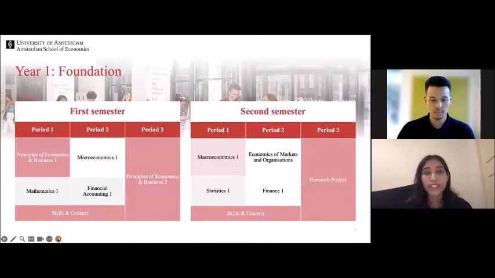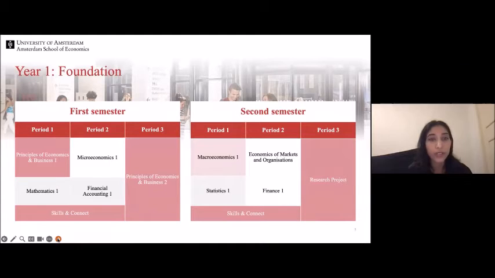So the foundational part, which is year 1, so both semesters. You have 6 blocks. So period 1 and period 2 are blocks of 8 weeks, and period 3 is a smaller block, which is for 4 weeks.